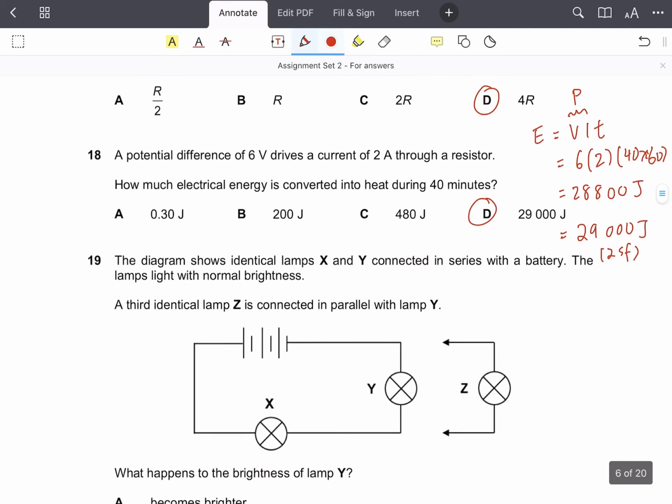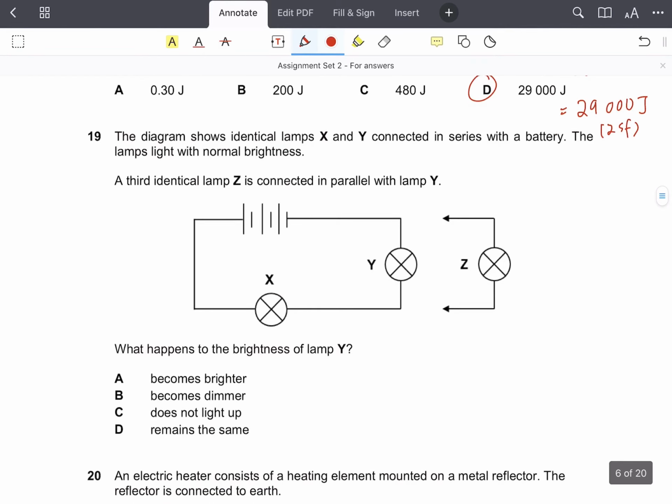Okay, next one. Diagram shows the identical lamps X and Y connected in series to battery. Identical lamp Z is connected in parallel to Y. Now the issue is, at first the voltage is shared between X and Y. So at first Y is getting quite a bit of voltage, but when you put it in parallel, the amount of voltage for Y actually decreases.